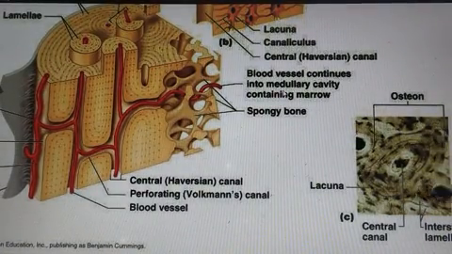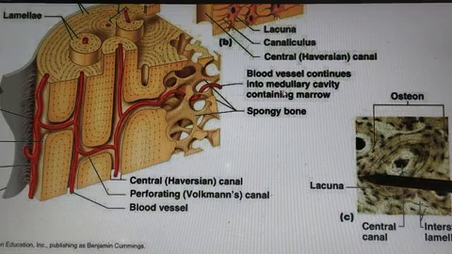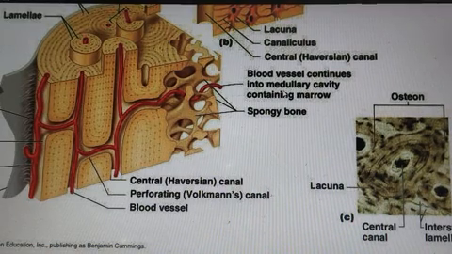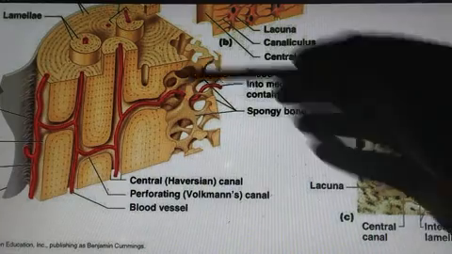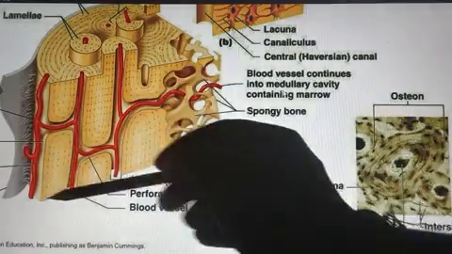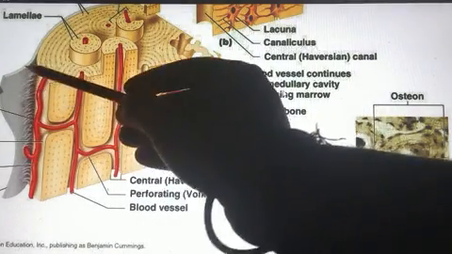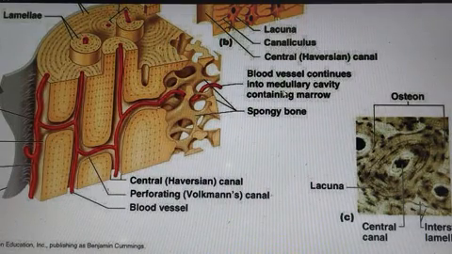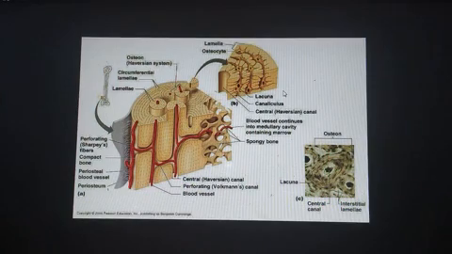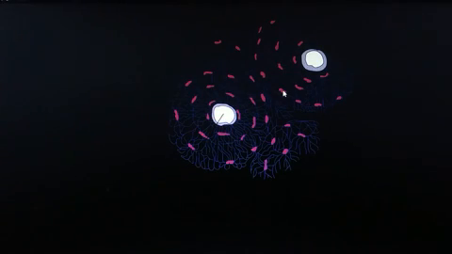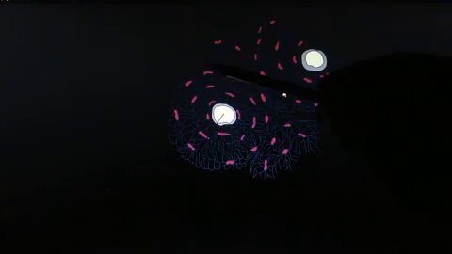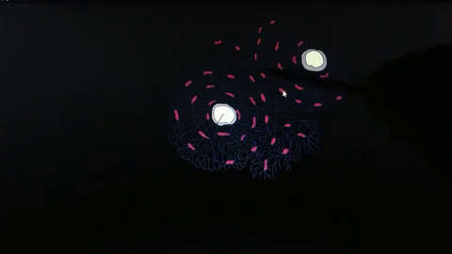These are the concentric rings, and these dot structures are the osteocytes. Clear? And these are the blood vessels. These blood vessels and nerves enter into the bones through the periosteum. Clear? So this is the structure. The matrix is present in concentric rings.